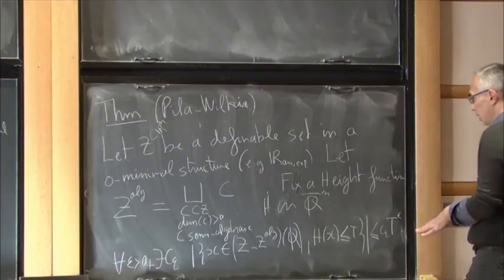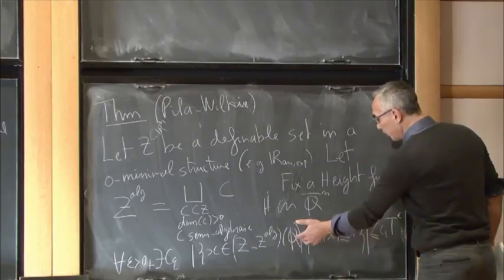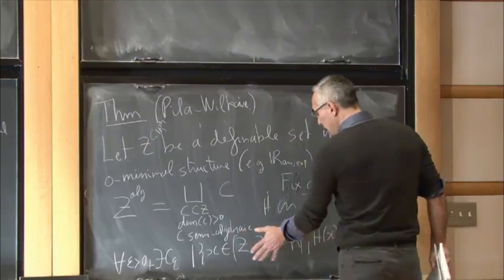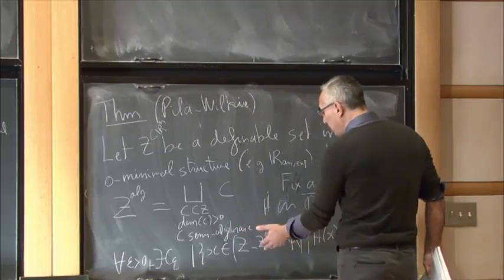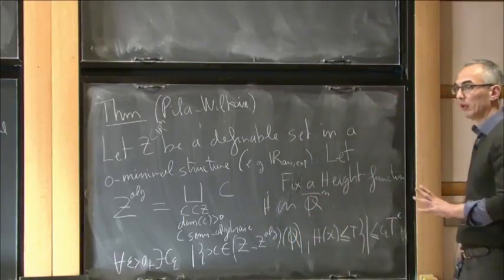So if you have many algebraic points with values in Q in Z, it cannot be explained without the presence of something algebraic. It's a way of saying it.